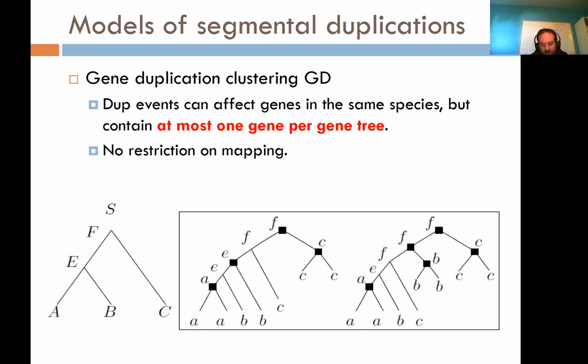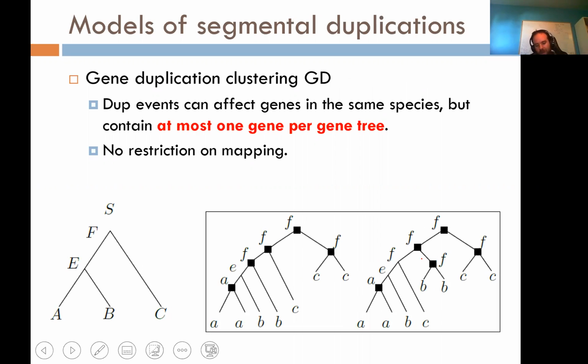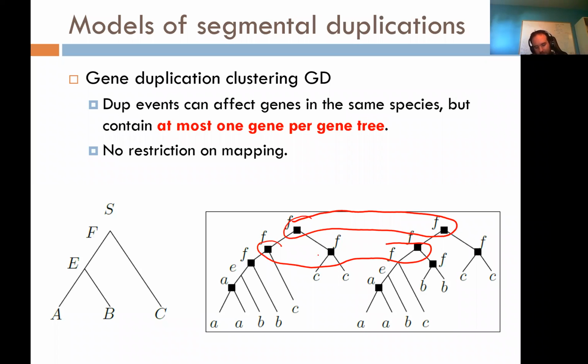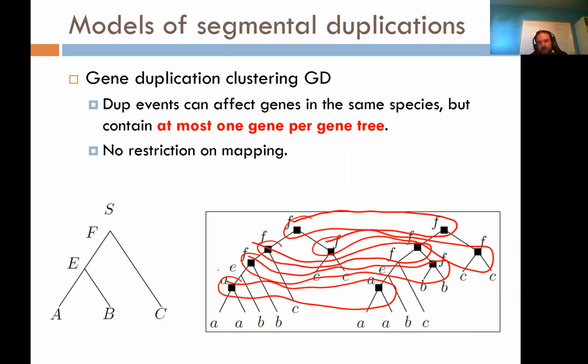So what that means is, if this is your input, you might want to remap things like that, but you cannot put all the Fs into the same duplication. You can put these two together, these two, maybe. This is getting messy, but you get the idea. If you have K gene trees, all your duplications will have at most K members, one per gene tree at most.